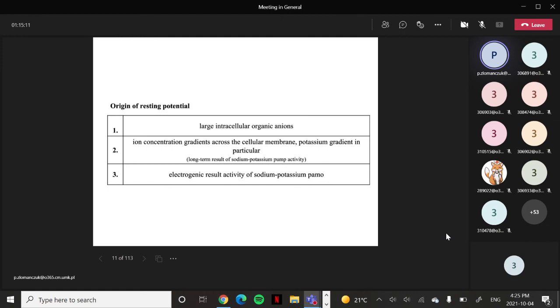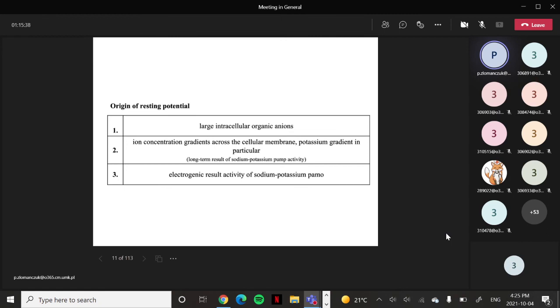But a very important factor is the ion concentration gradients across the cellular membrane, in particular the potassium gradient. And this gradient, of course, is the result of long-term activity of the sodium-potassium pump, and it is very important for stabilizing the membrane potential, the resting membrane potential.